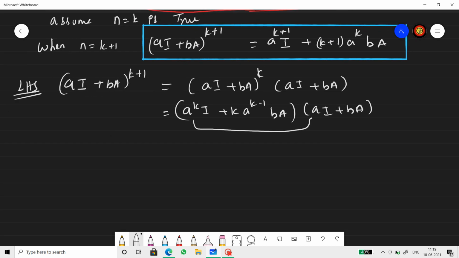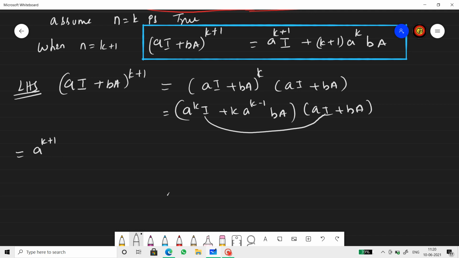This into this will give us what? A^(k+1). I into I is I squared, and I squared is 1 only, the identity matrix. So it remains I, and I into A^k plus 1 is A^(k+1). Repeating this, I into I is I squared, I squared is I only, and A^(k+1) into I is A^(k+1). A^(k+1) into A is A^(k+1).